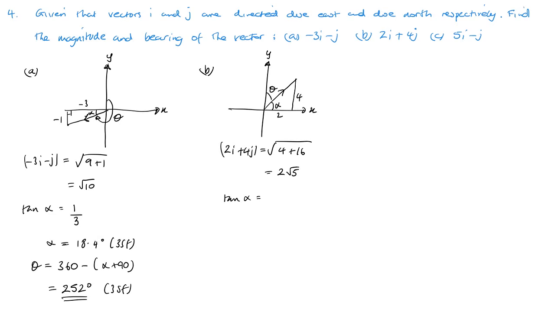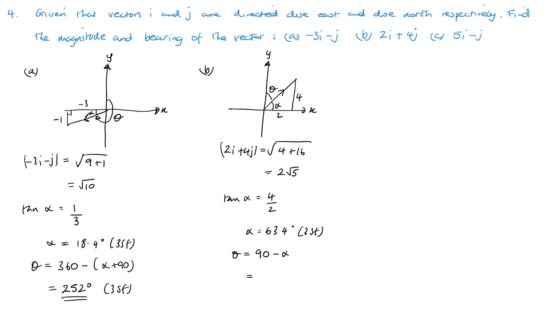Tan alpha is opposite over adjacent. So it's the inverse tan of 2, 63.4 degrees to 3 significant figures. Theta is 90 minus alpha.